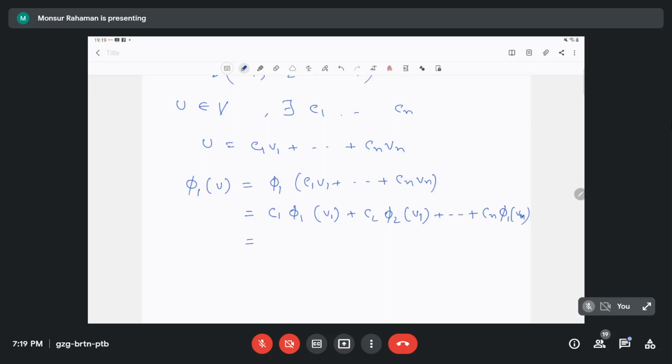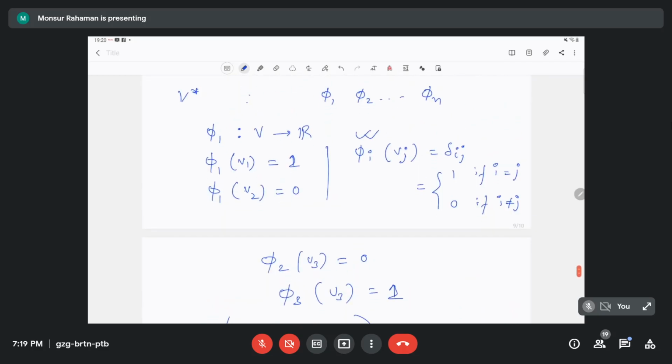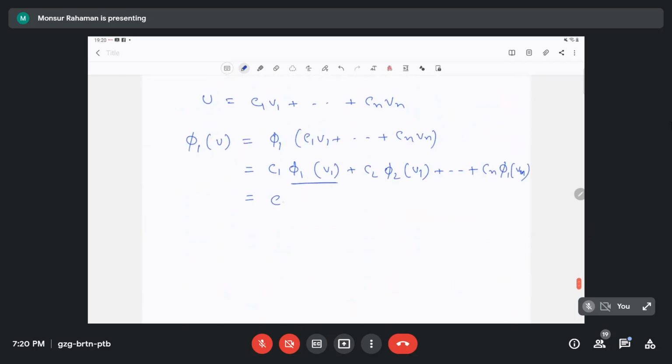But here every term will be omitted because only the term phi 1 v1 survives by our definition. So this is c1.